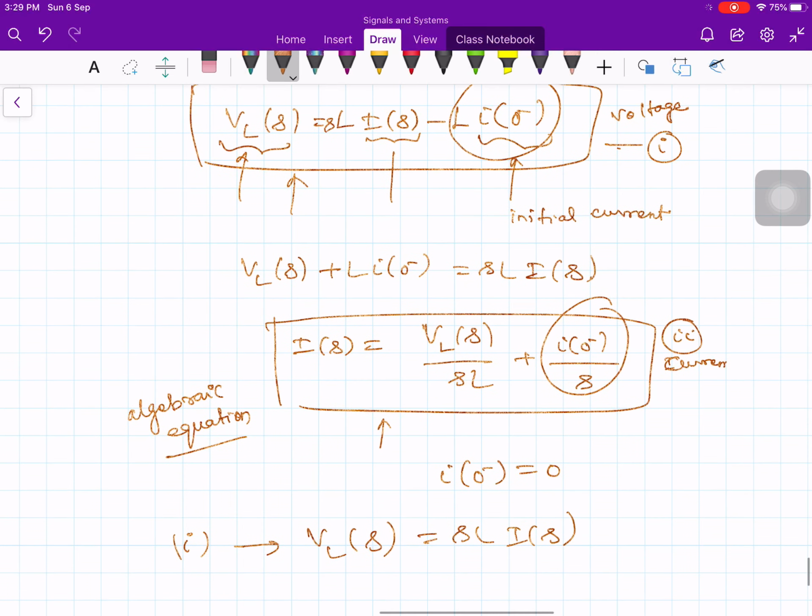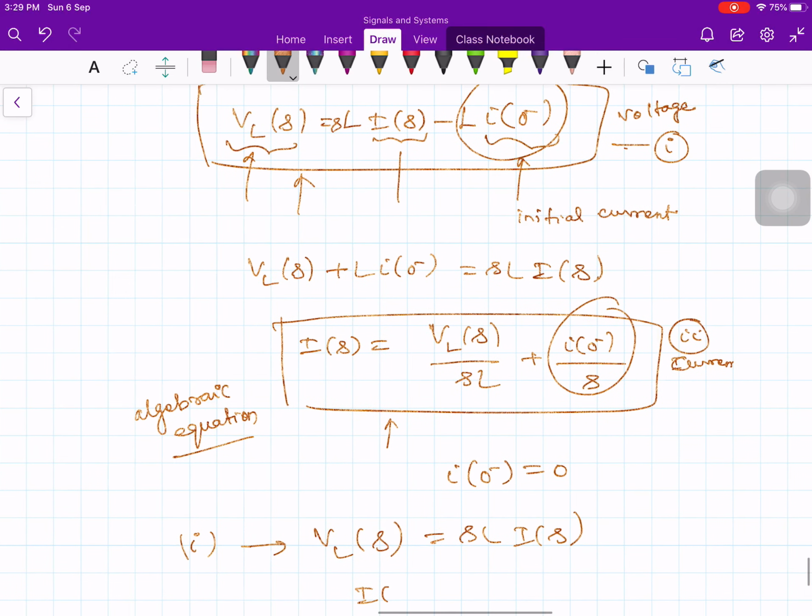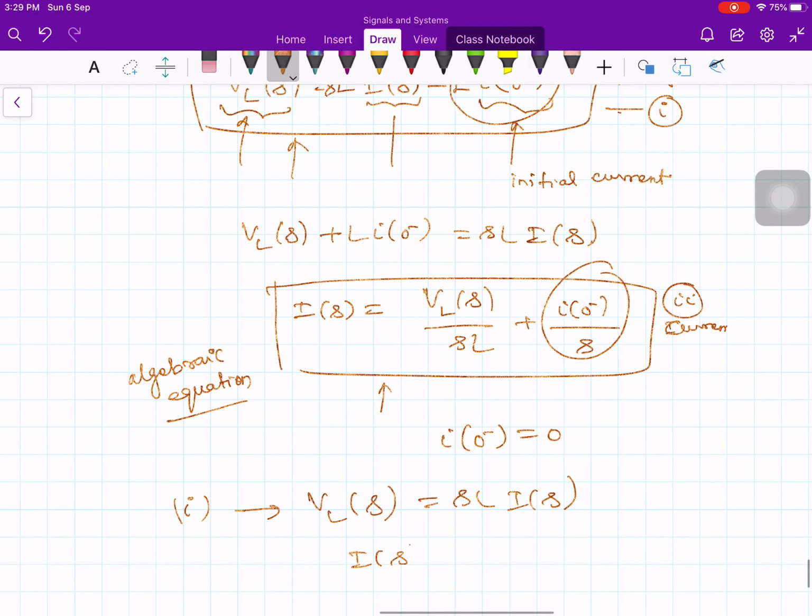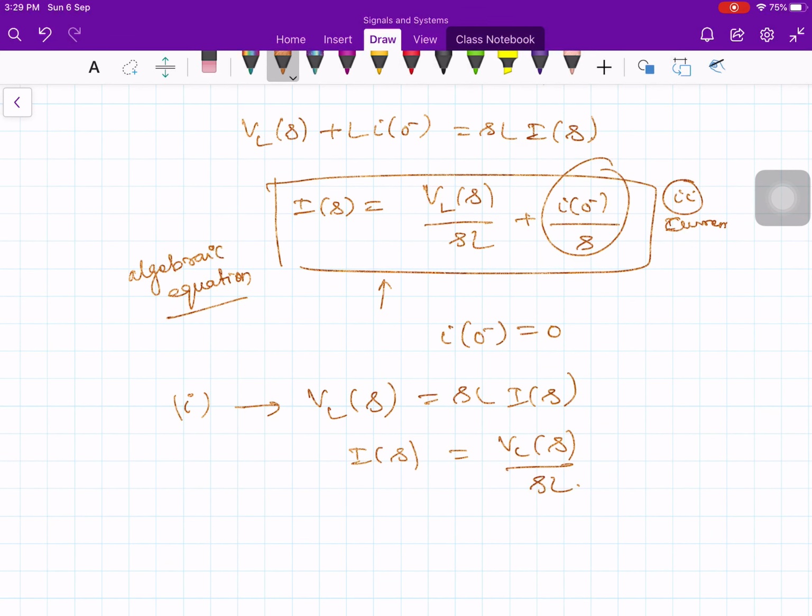I of S is equal to VL of S divided by SL. That means there is a kind of generalized impedance to the current flow in the transform domain. If a current I of S passes through an inductor, the voltage is SL times I of S.